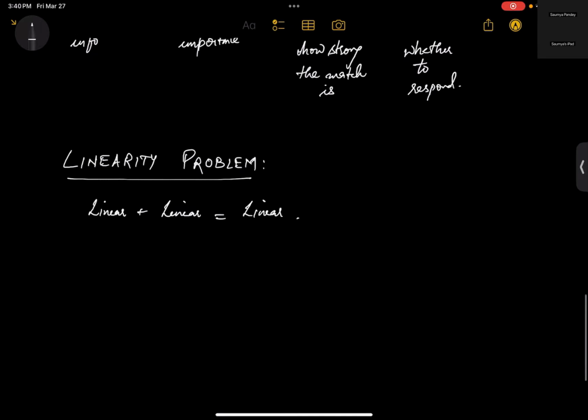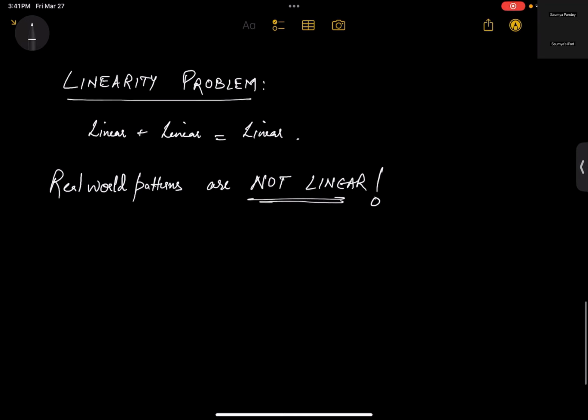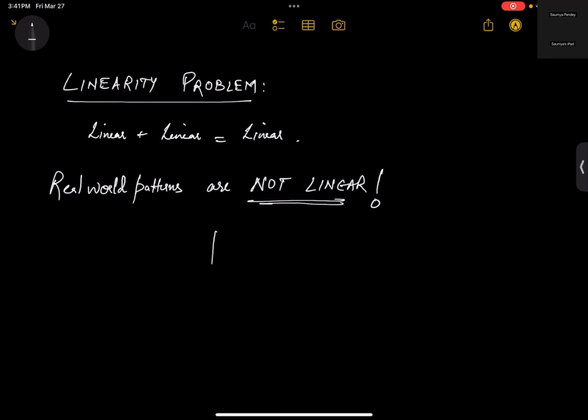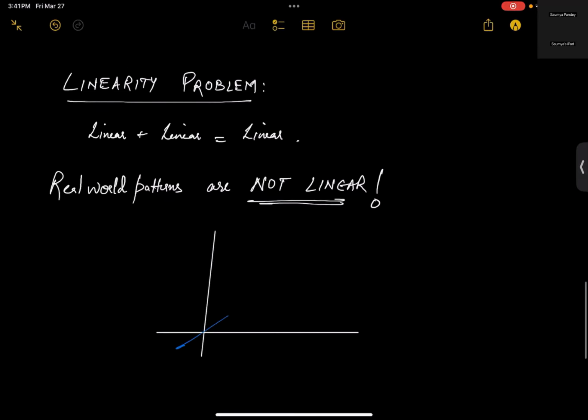But real world patterns are not linear, right? It can be anything, but in the real world, it's not a straight line.